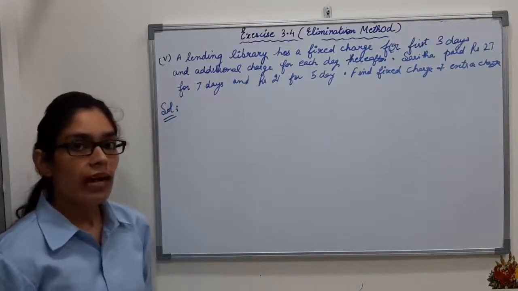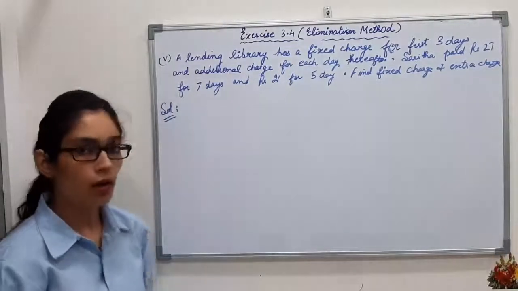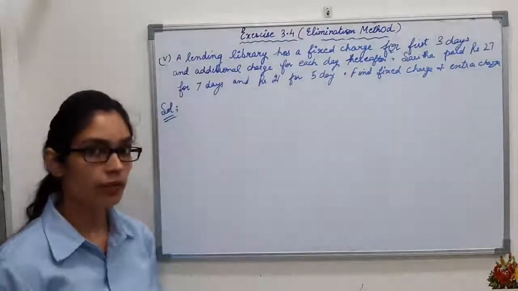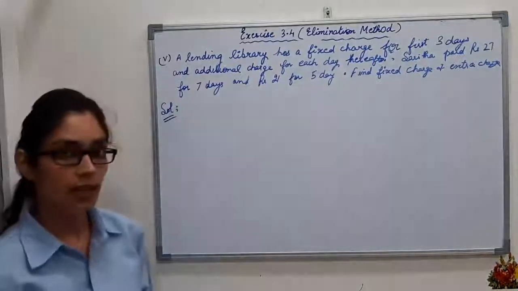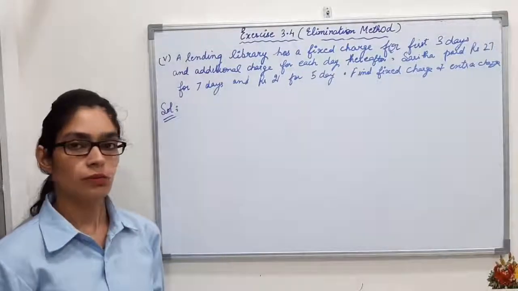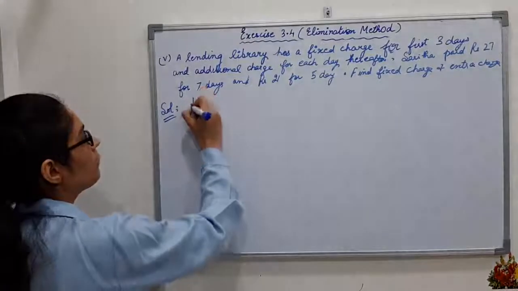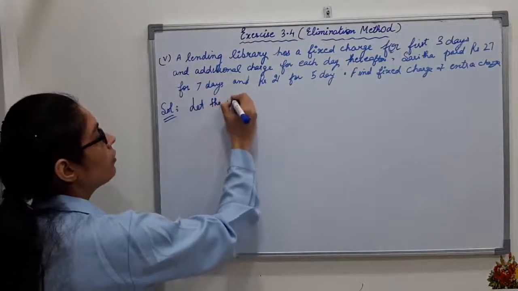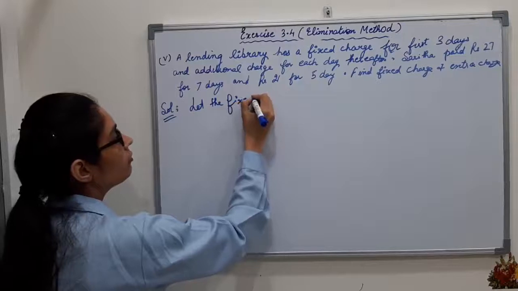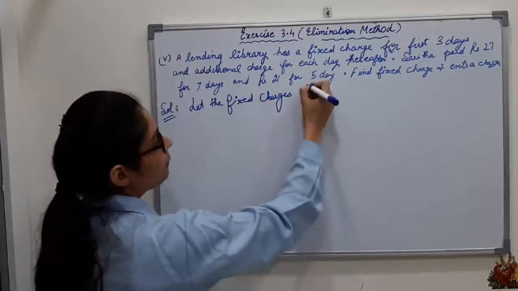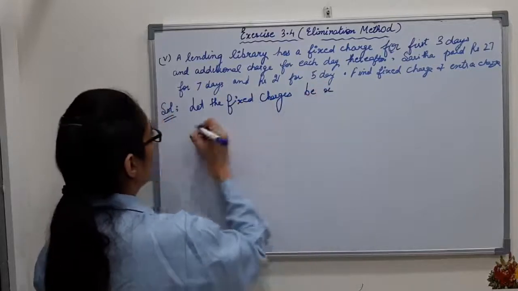So what we have to find? I always suggest you to see what thing you have to find. Now we have to find the fixed charge and the extra charge. Those two things we will assume as our two variables. So let's start. Let the fixed charges be x.